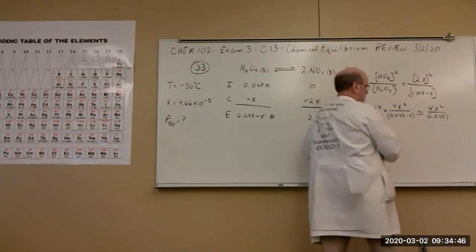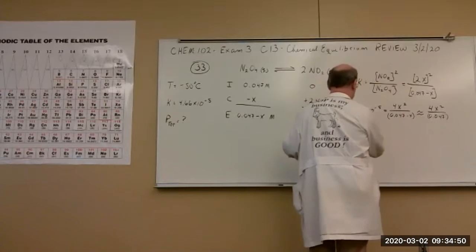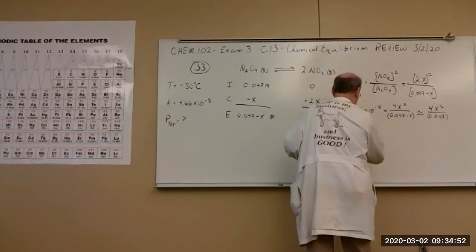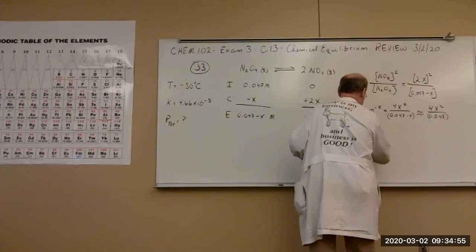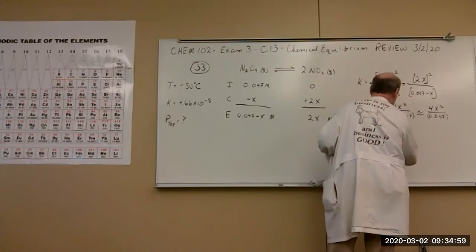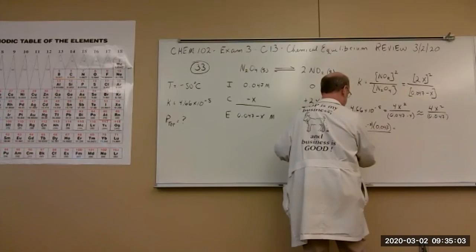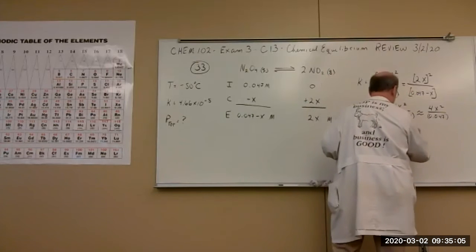Okay. So this times that equals, I'm going to write 4 here, x squared.